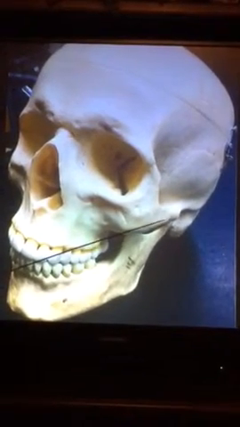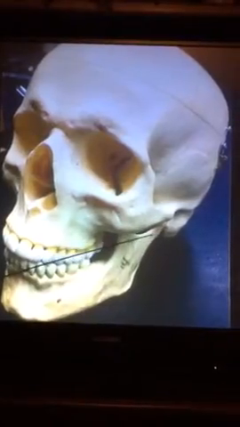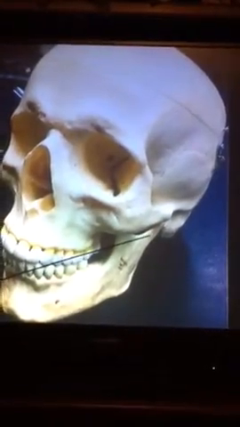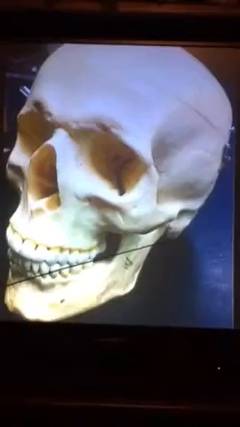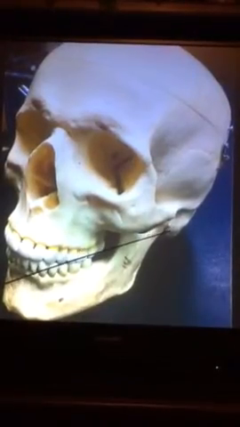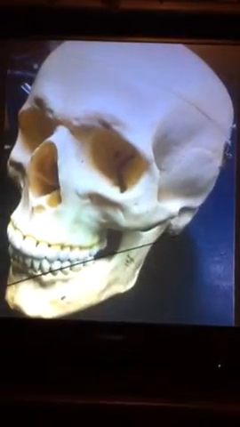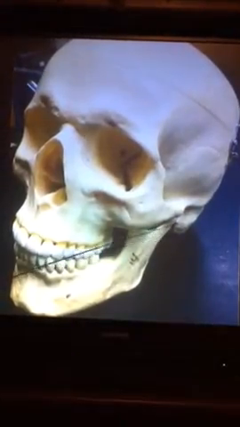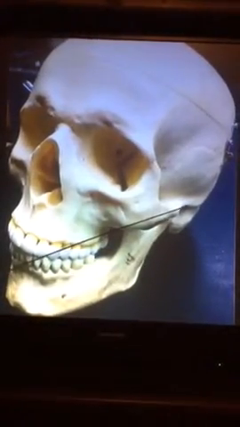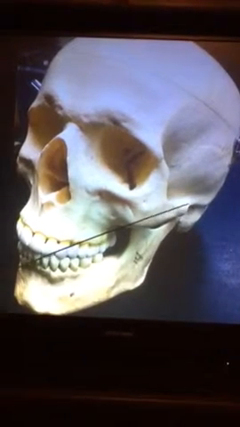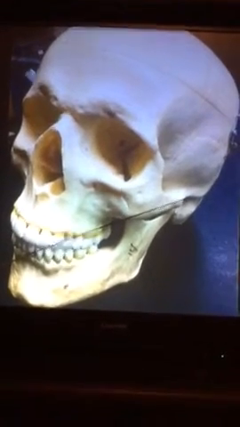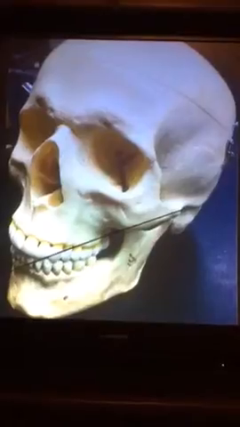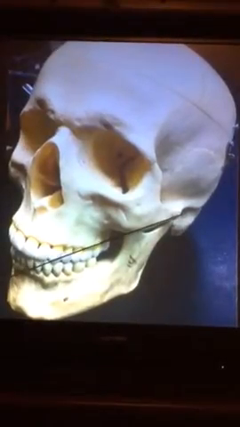Above that, in this area, we find the coronoid process. Off to the side, we find the mastoid process. And this small opening right above here, it is the external acoustic meatus.